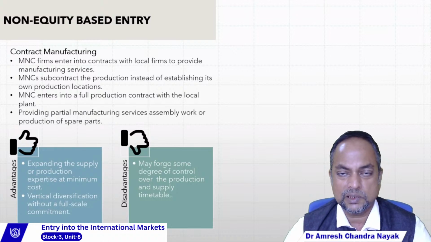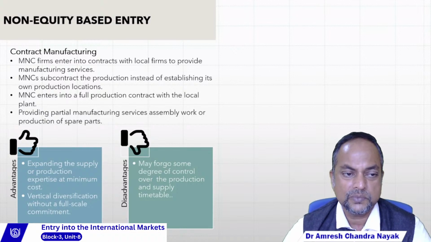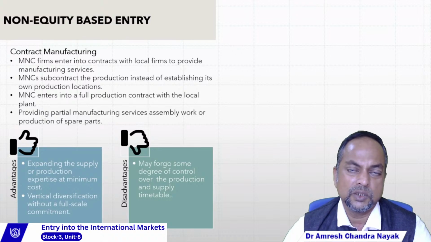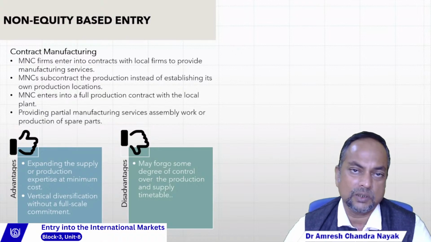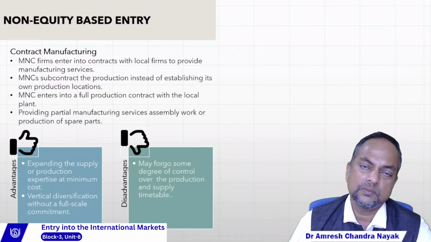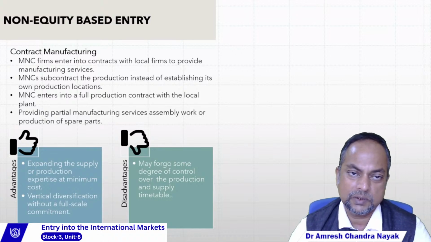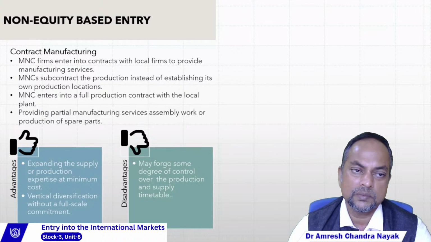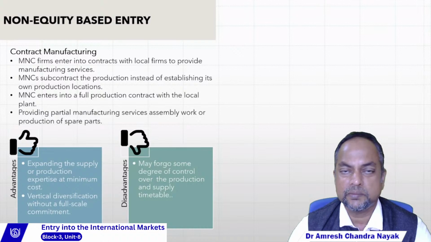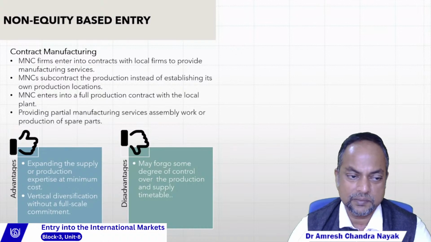And sometimes they keep the production with them, and they go for partial manufacturing, service, assembly work. So assembling all those products, giving a touch to the final product, is what is expected in this contract manufacturing strategy.